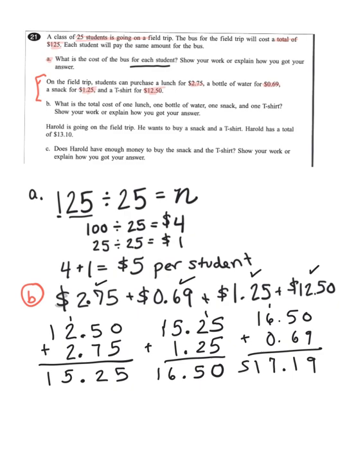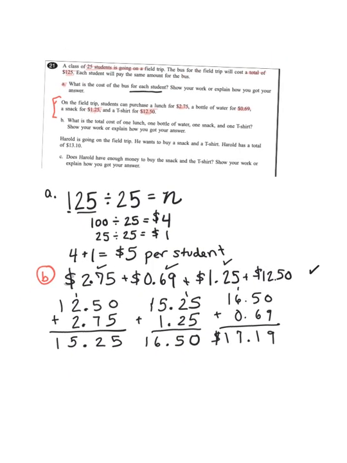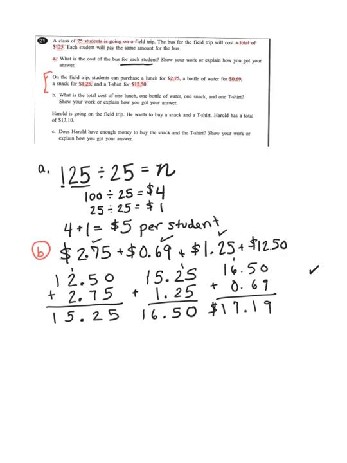Okay, $17.19 is what I'm getting. Now, if you work it out this way, that's a perfectly okay way to show your thinking. If you are the kind of person who likes to do your math in your head or mentally, you're going to have to find some way to represent how you did it.